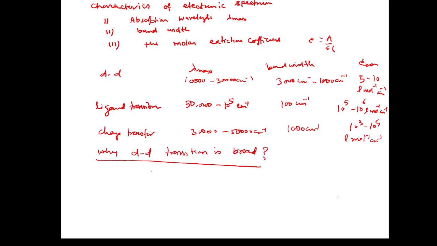The very simple way is that we will draw it, so I will write here also, why dd transition is broad. Suppose we have the t2g orbital and the eg orbital. This t2g orbital will be having small levels.